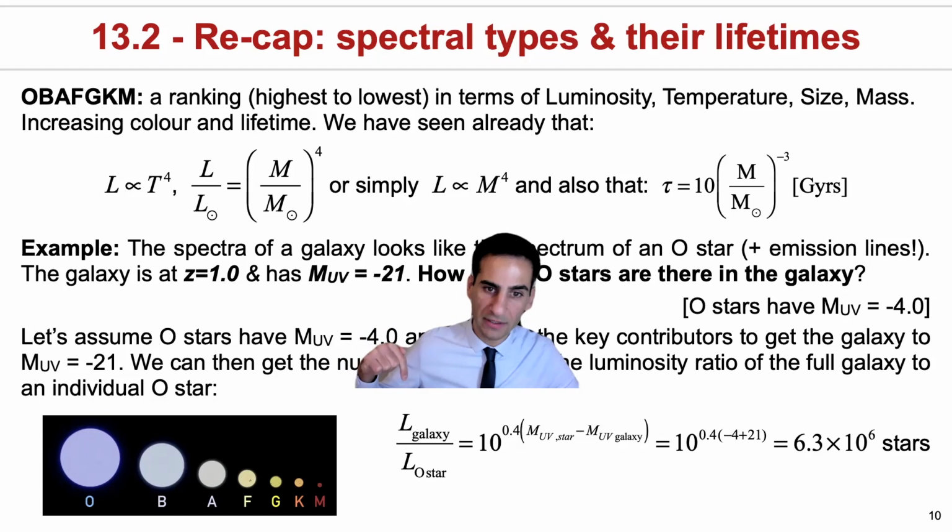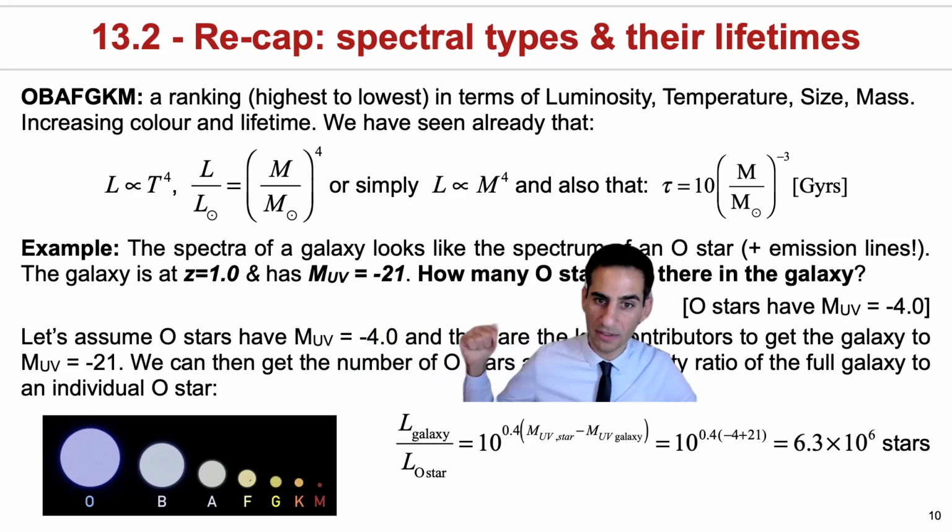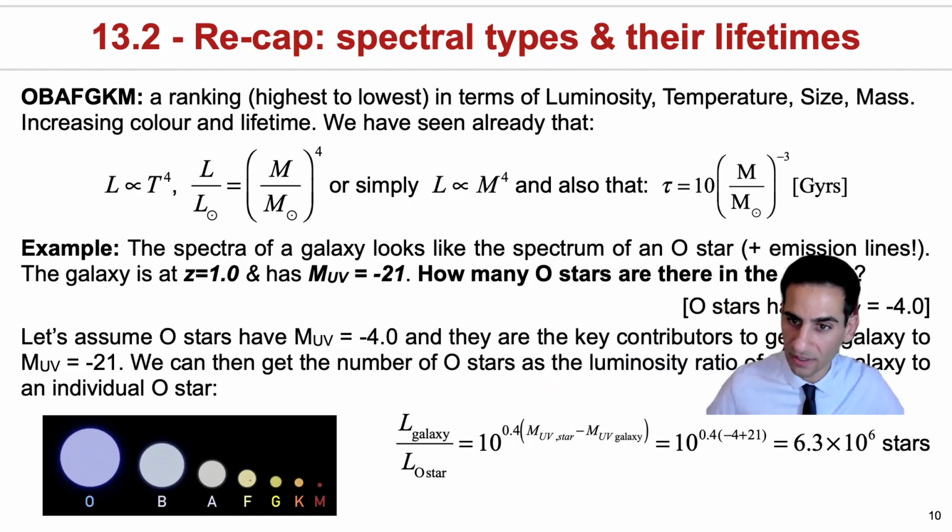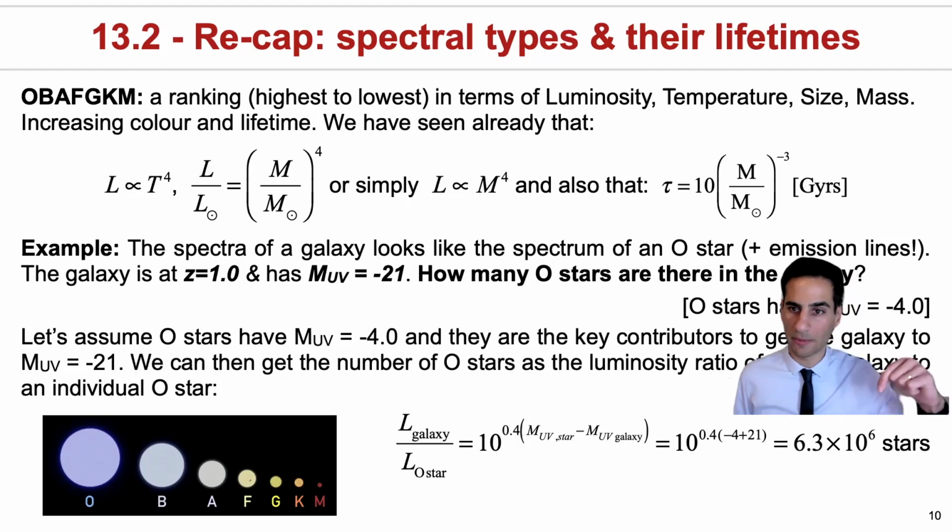If we compare the luminosity of the galaxy with the luminosity of a single O-class star in terms of absolute magnitudes, meaning 10 to the power of 0.4 times the difference of absolute magnitudes, we would expect that to produce that absolute magnitude, you need something like 6 million O-class stars.